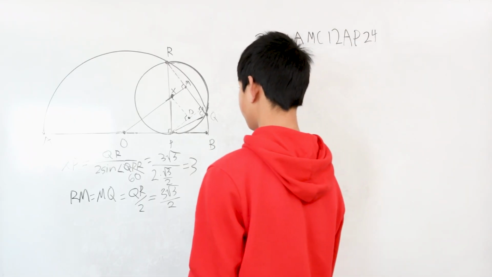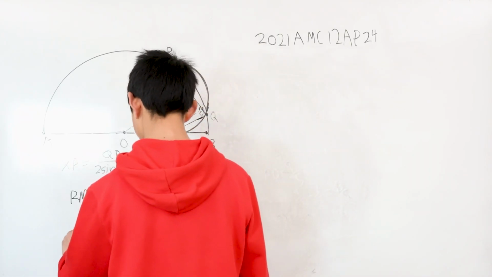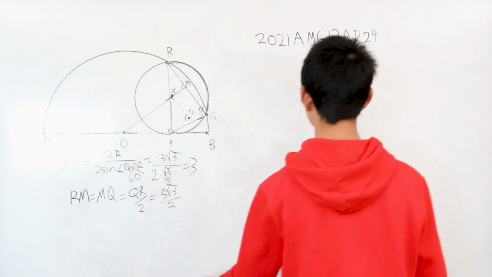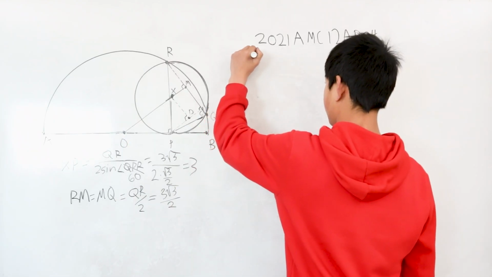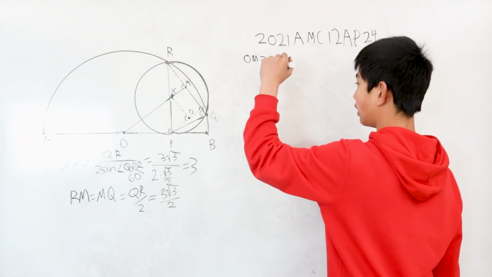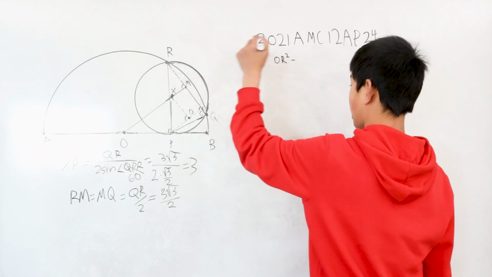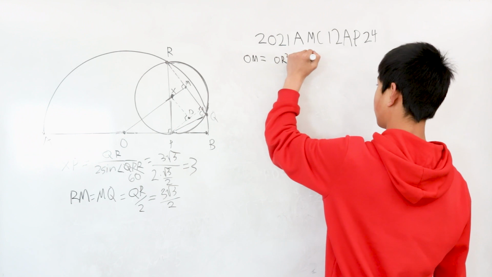So segment OM is simply the square root of OR squared, the diagonal, minus this side, MR squared.